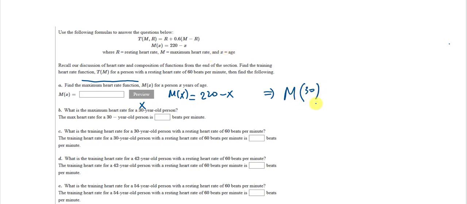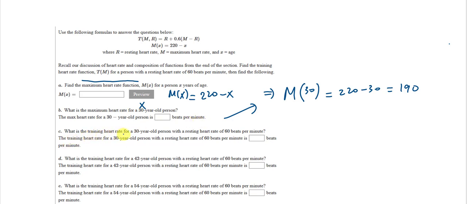So m of 30 for part B. Using the formula, anywhere you see x now becomes 30. So 220 subtract 30 should be 190. Okay, so 190 beats per minute.